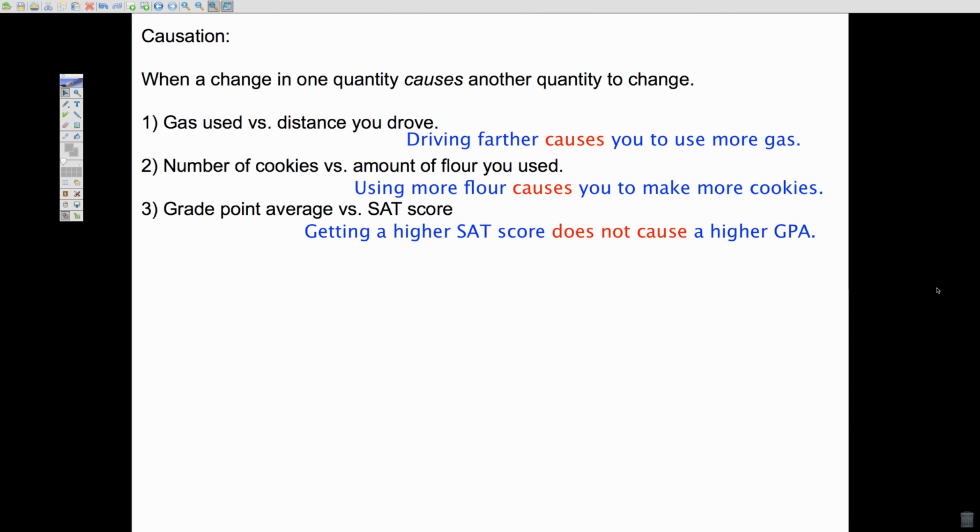They are things like natural ability, how much you study, how much homework you do, how good your teacher is. All of those might affect your grade point average. But just getting a higher SAT score does not cause you to have a higher grade point average. So even though those two variables have a positive correlation, there is not a causal relationship. There is no causation.